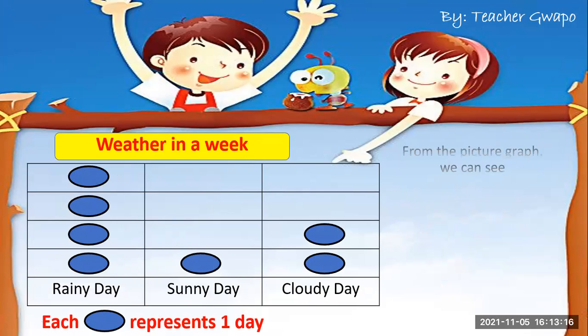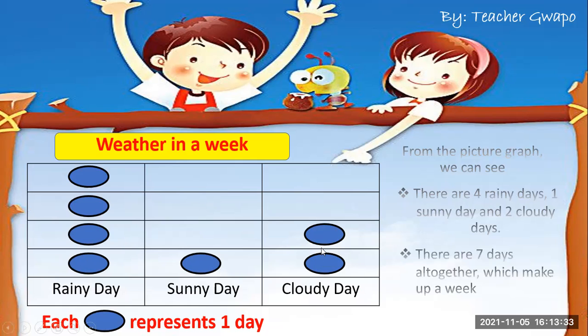So from the picture graph, we can see that there are 4 rainy days, 1 sunny day, and 2 cloudy days. And there are 7 days altogether, which make up a week. Okay, 7 days, that means 1 week.